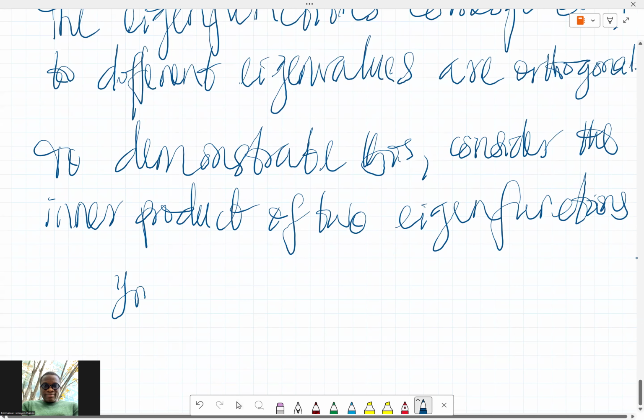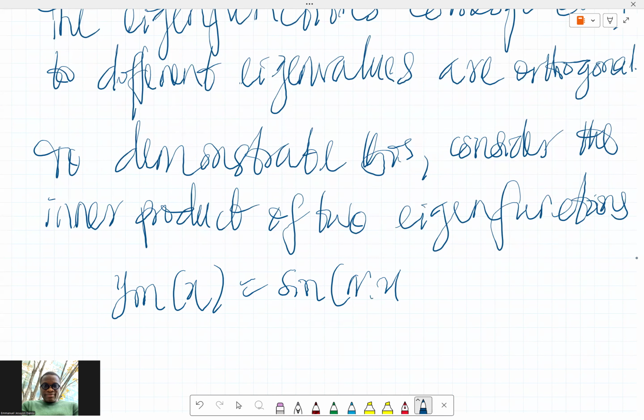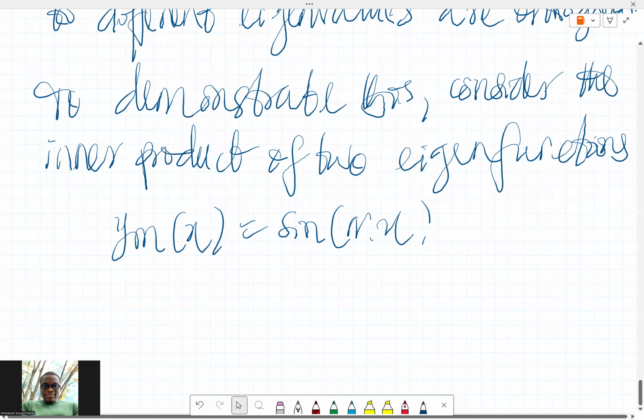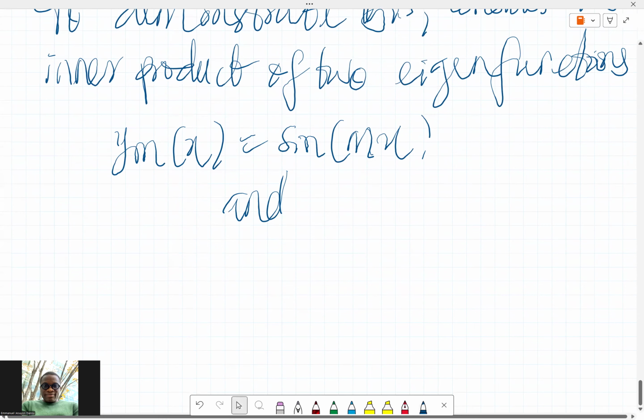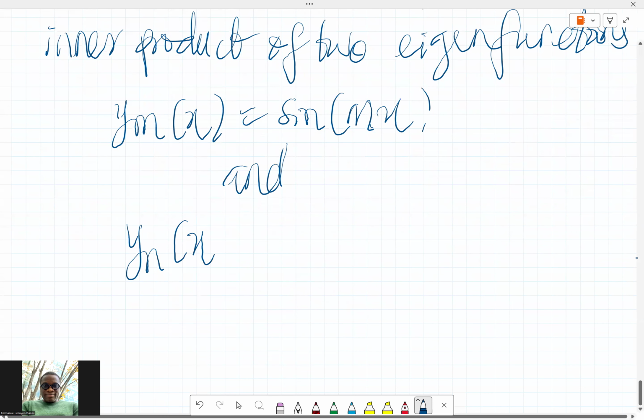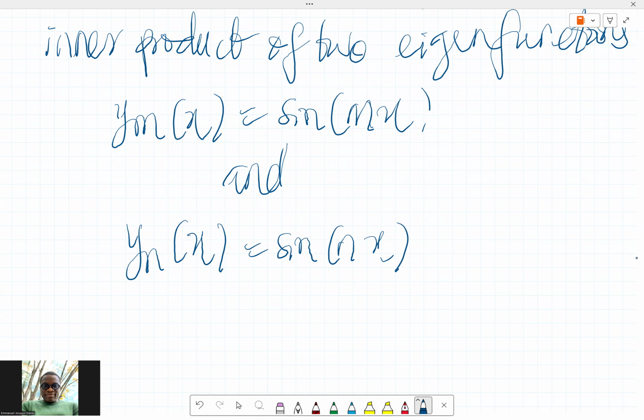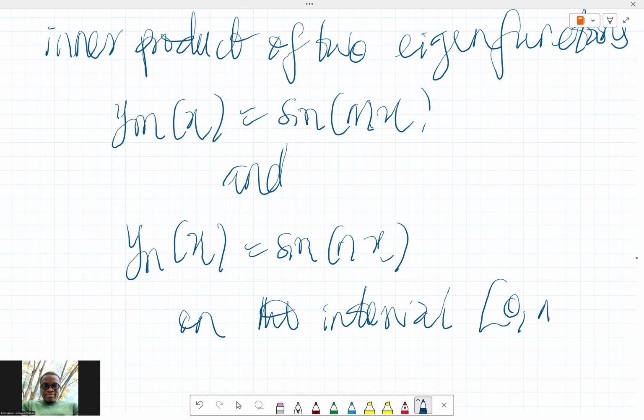That's y_m of x equals sine mx, and y_n of x equals sine nx, on the interval 0 to pi.